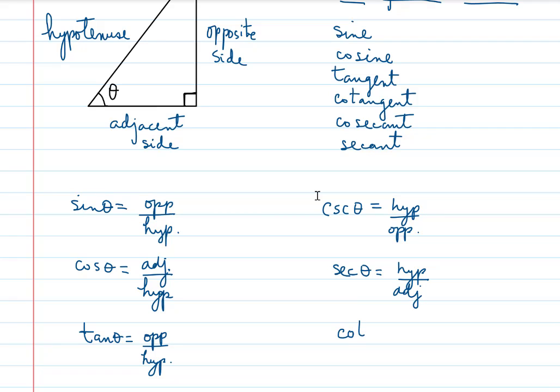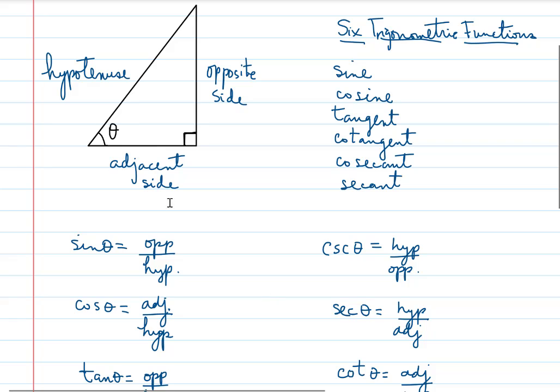And then finally, cotangent of theta would be adjacent over opposite. So notice how those last three are really just the first three flipped. So here are the definitions of the 6 trigonometric functions of this angle theta based on this right triangle.